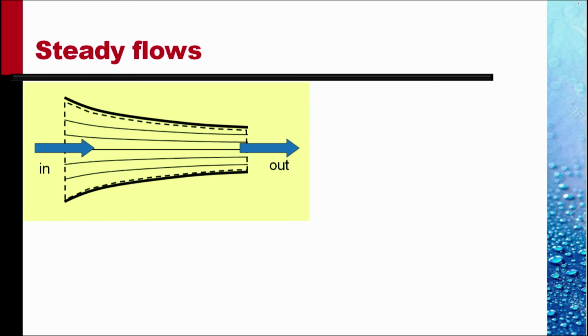Let us consider a steady flow in a channel where the mass is coming in at the left end and leaving at the right end. Clearly, in steady flow, there will be no accumulation of mass within the control volume. So, the net influx written here is 0. ρAV in minus ρAV out is equal to 0.